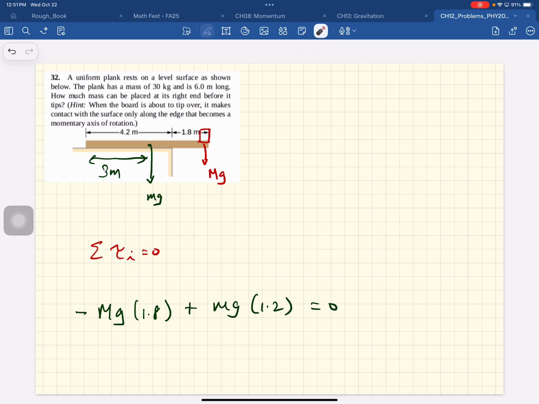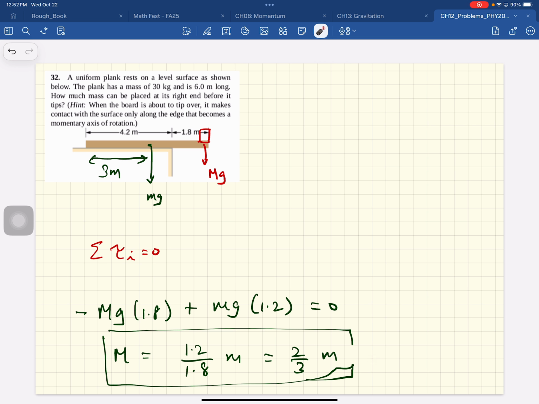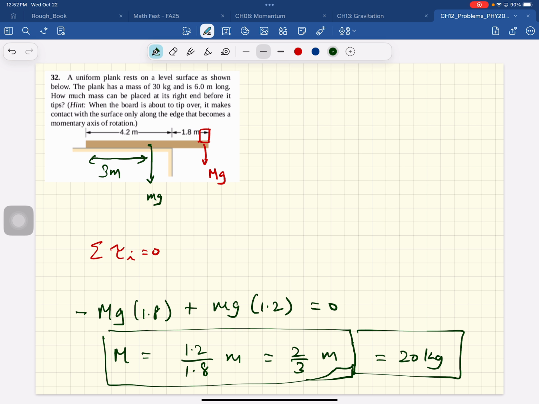So the mass that you have to have is 1.2 over 1.8 times the mass of the plank. The mass of the board itself was 30 kgs, so the mass would be 20 kgs. You put a 20 kg mass there and it'll tip over.